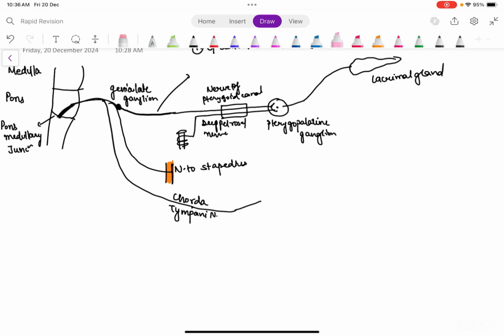It basically supplies the tongue. Also it supplies the sublingual gland and submandibular gland.